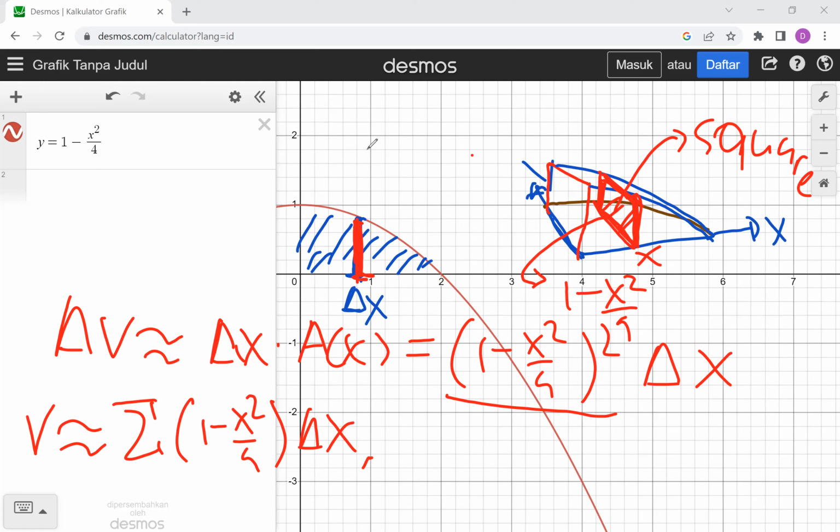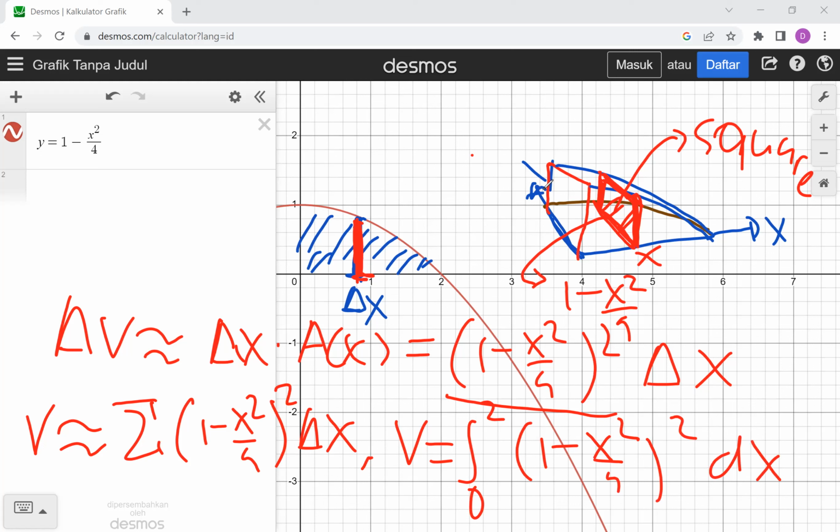If you take the limit as delta x tends to 0, you have V equals the integral from... what is the range of x? 1 minus x squared over 4 equals 0, so x equals 2, right? So from 0 until 2, (1 minus x squared over 4) squared dx.